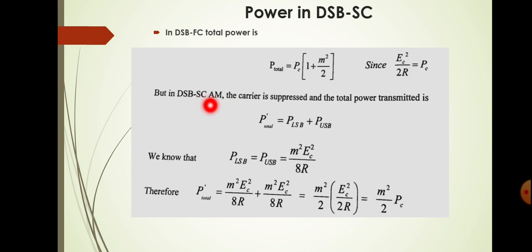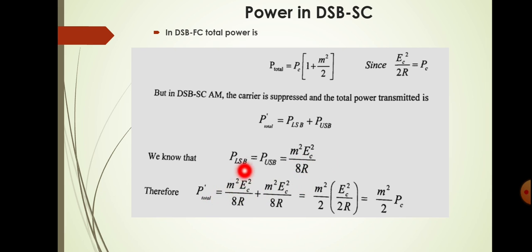But in the case of DSB-SC AM, you know that carrier power is not transmitted, only LSB and USB are transmitted. So total power can be represented as P dash total, which will be equal to PLSB plus PUSB. And we know that PLSB and PUSB have an equation that is m square EC square by 8R.